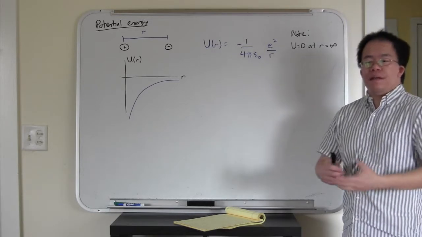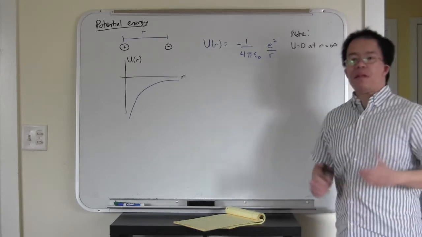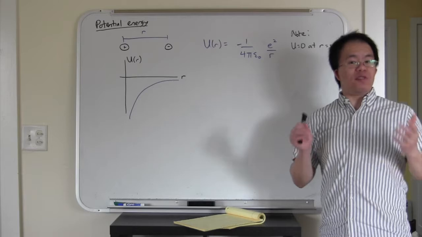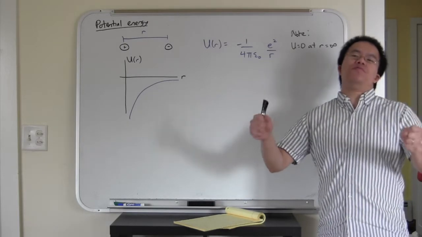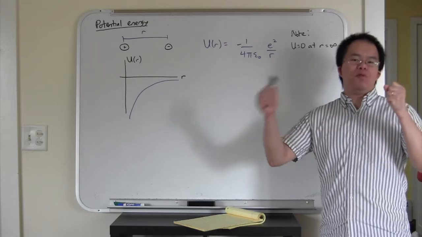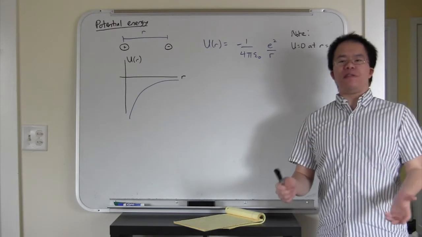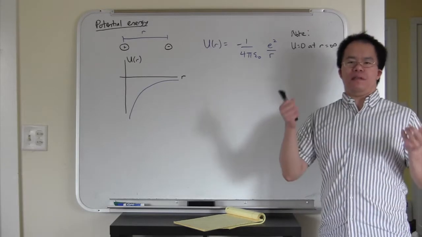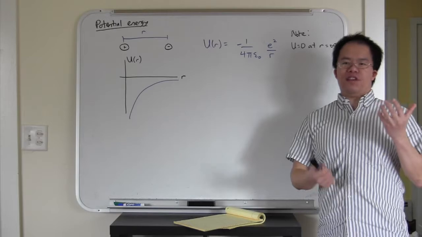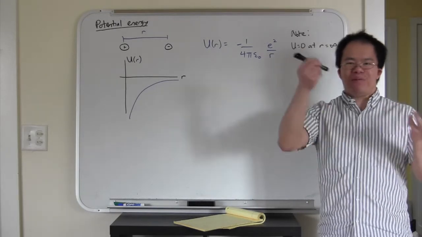But the other thing, and to me the more physical reason, is the following. We associate potential energy for a system as having something to do with the interaction between two things in a system. That's how, for instance, in 117 we defined gravitational potential energy, right? Which is associated with the gravitational interaction between, let's say, the Earth and a ball.